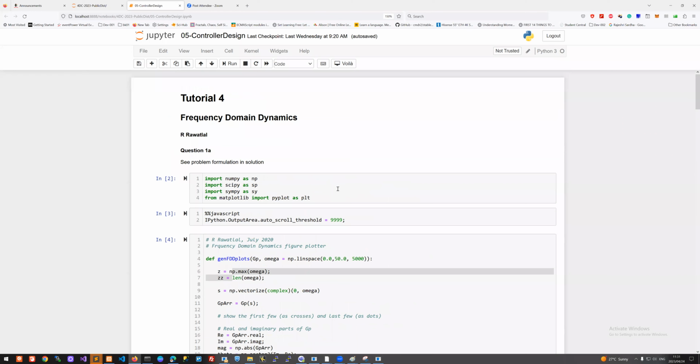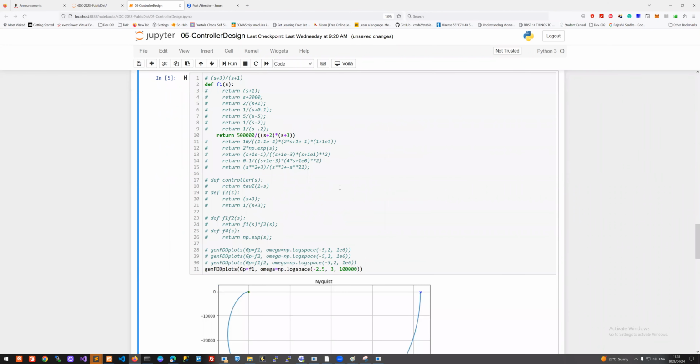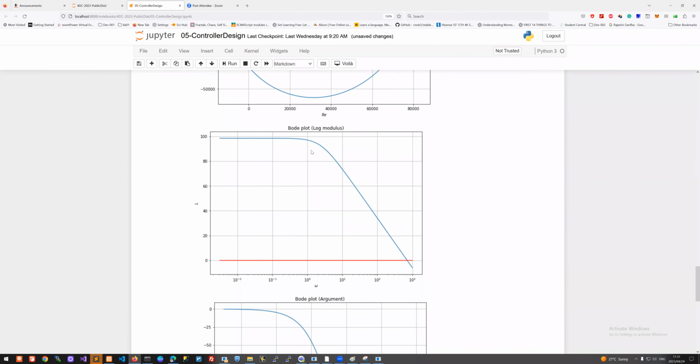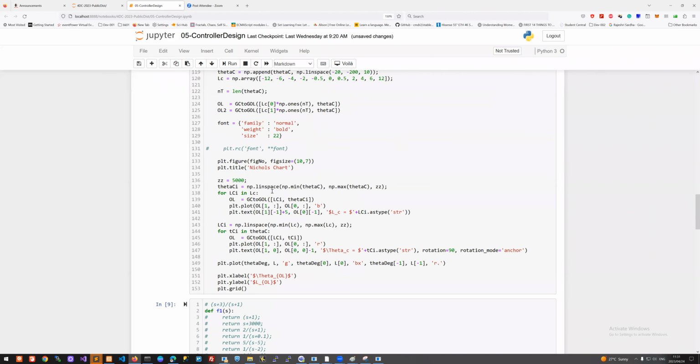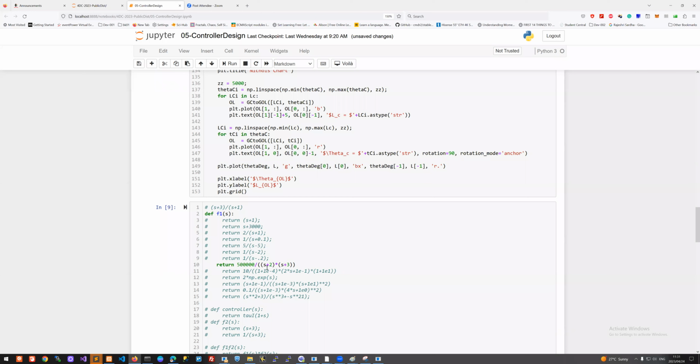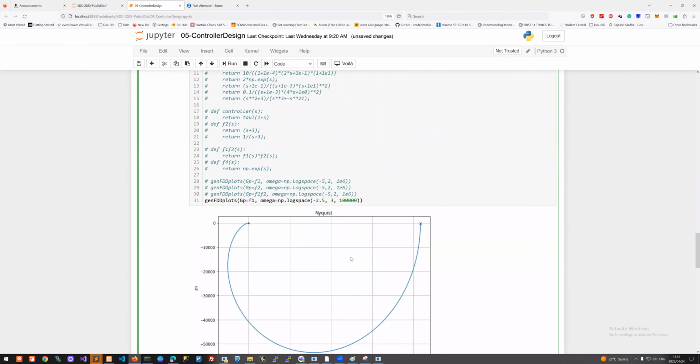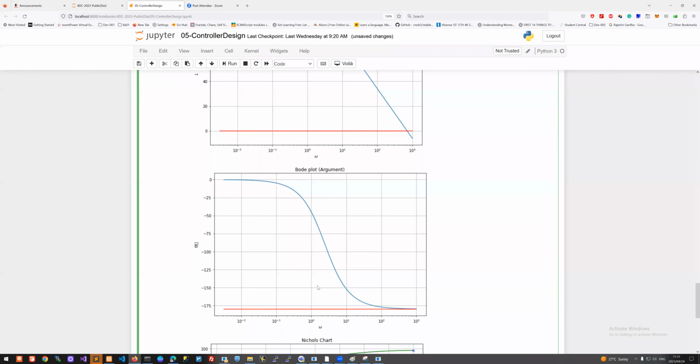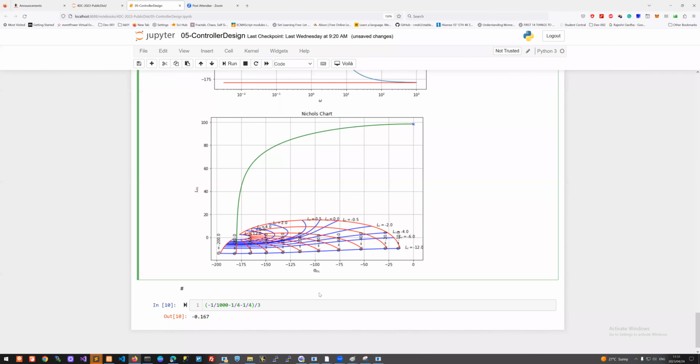let's just run all this. So just shift-enter, shift-enter, enter, enter, enter. So here's the Bode diagram for this case. The crossover frequencies are at 1/2 and 1/3. Now, those values are very close together.